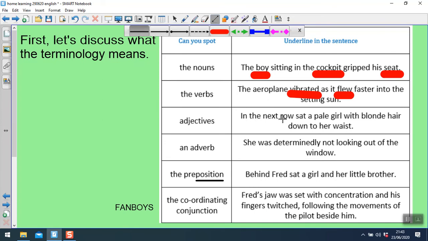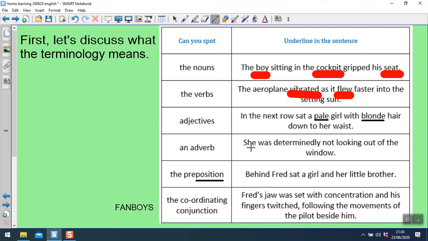In the next row sat a pale girl with blonde hair down to her waist. Got to think about where the nouns are, and they're usually describing the nouns. So we've got pale to describe the girl, blonde to describe the hair. Adverbs.